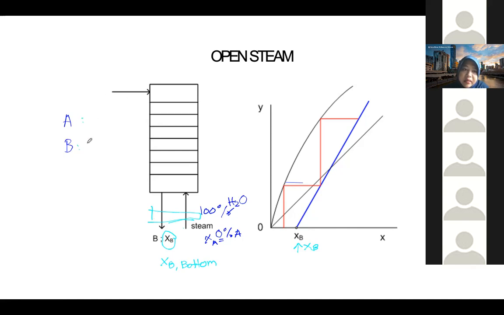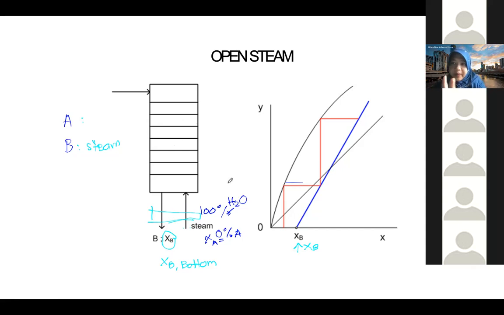Component B is the steam. Come on, what's the composition of A if the steam is 100%? Okay, I'm going to check again from the beginning.